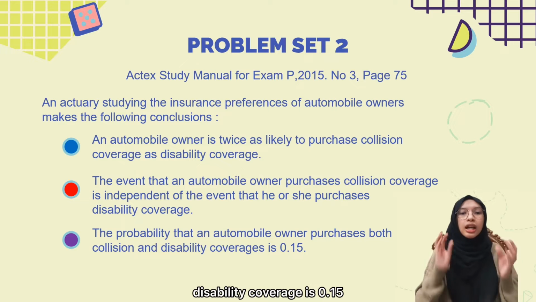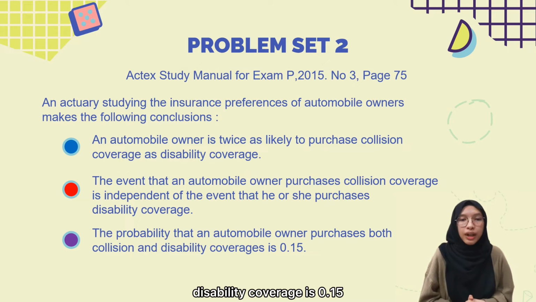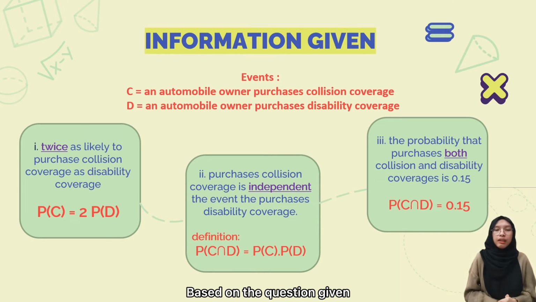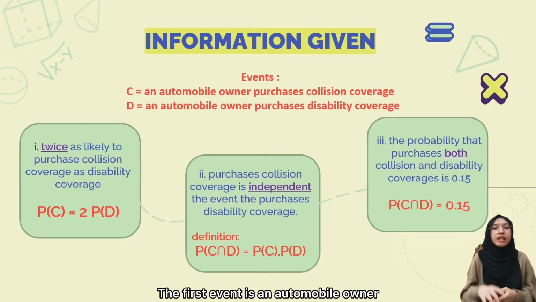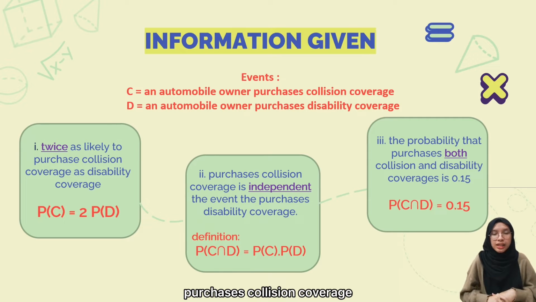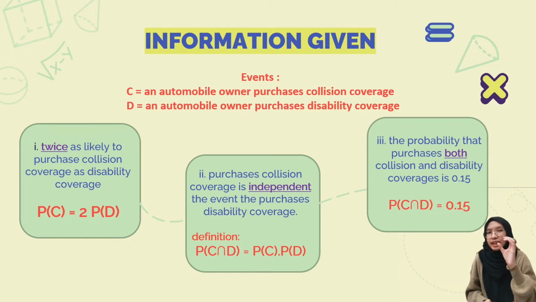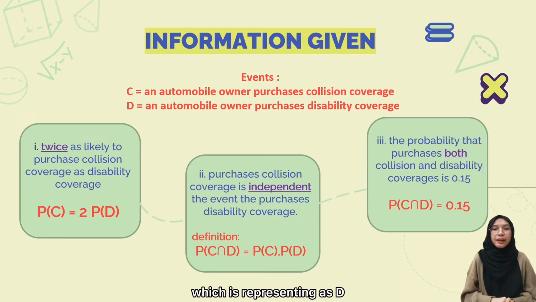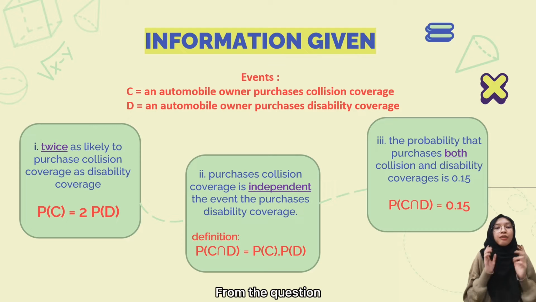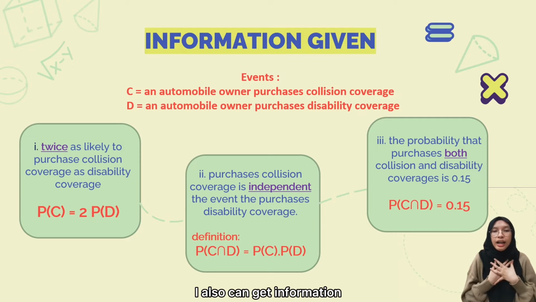disability coverage is 0.15. Based on the question given, I identified there are two events. The first event is an automobile owner purchases collision coverage, which is represented as C, and an automobile owner purchases disability coverage, which is represented as D. From the question, I can also get information.